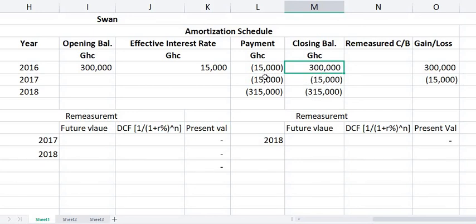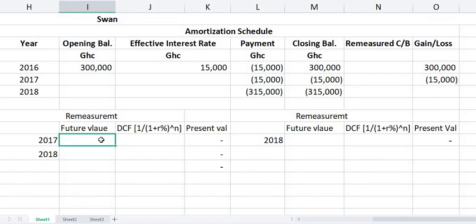So in this question, the closing balance of the instrument is equal to the present value of the unpaid amount. Let's prove this.